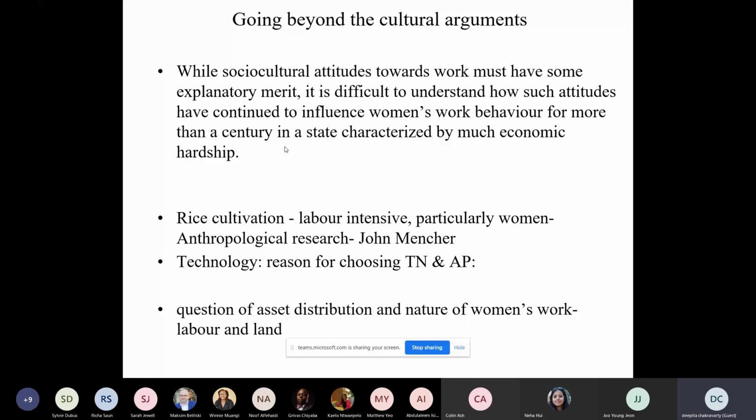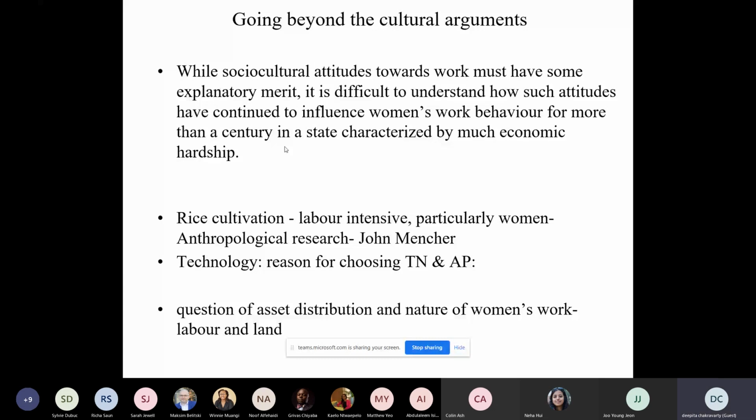Basically, the eastern Ganges plain of Bihar, eastern UP and Odisha, and of course West Bengal, and the southern peninsula of Andhra Pradesh, Tamil Nadu, and Karnataka. But because I was trying to see whether there's a regional pattern also, I've also included Kerala. But I would keep on bringing in the differences between Kerala and these other states.